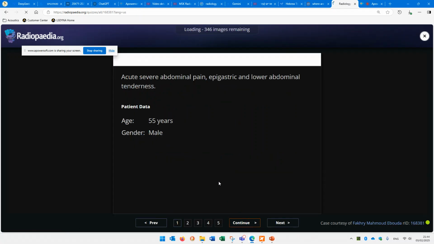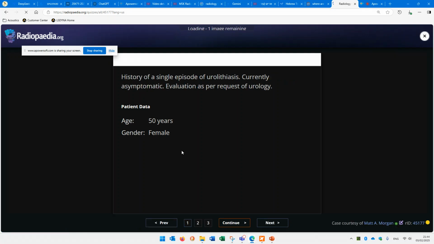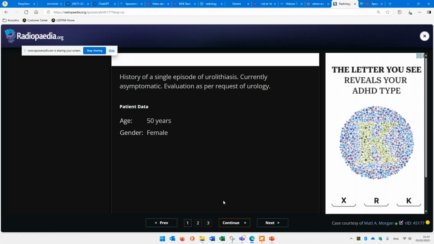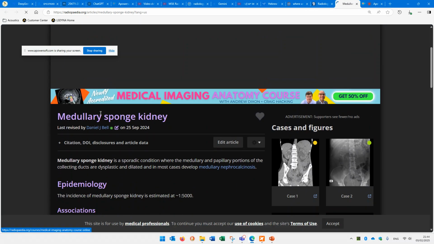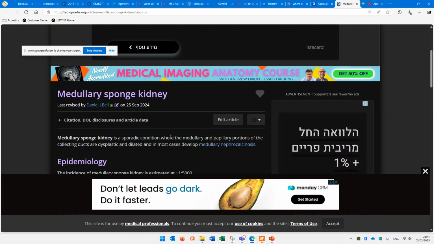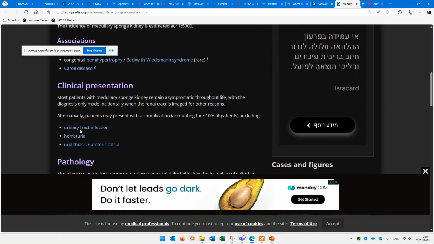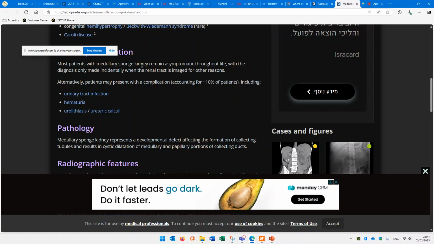Okay, this was a very interesting case, but wait a second. Medullary sponge kidney is a sporadic condition where the medullary and papillary portions of the collecting ducts are dysplastic and dilated. In most cases, it develops medullary nephrocalcinosis. Most patients with medullary sponge kidney remain asymptomatic throughout life, with the diagnosis only made incidentally when the renal tract is imaged for other reasons.